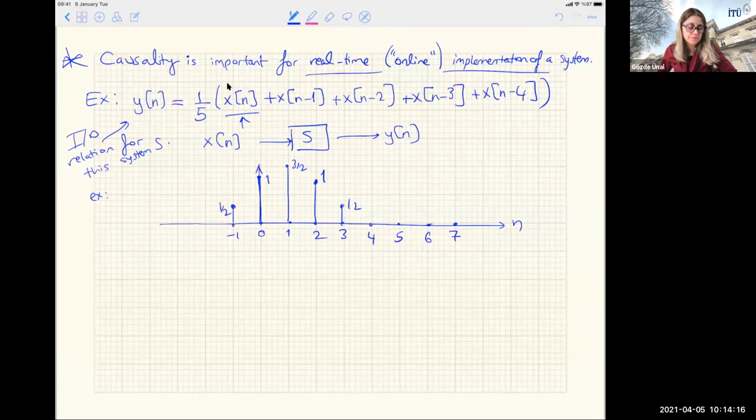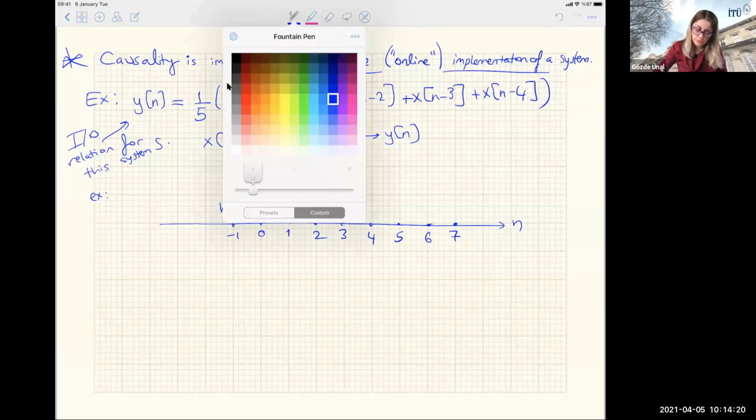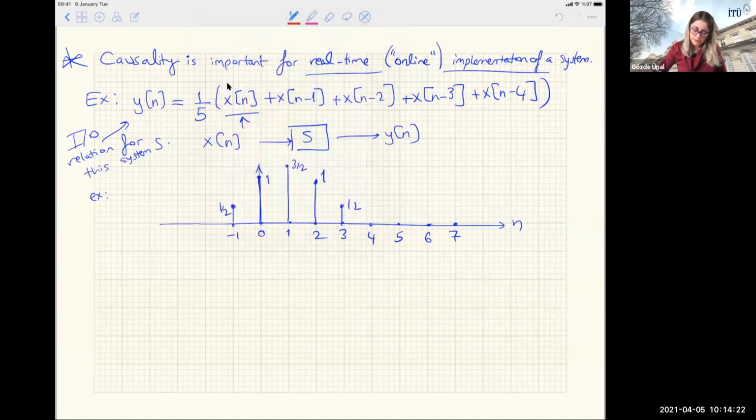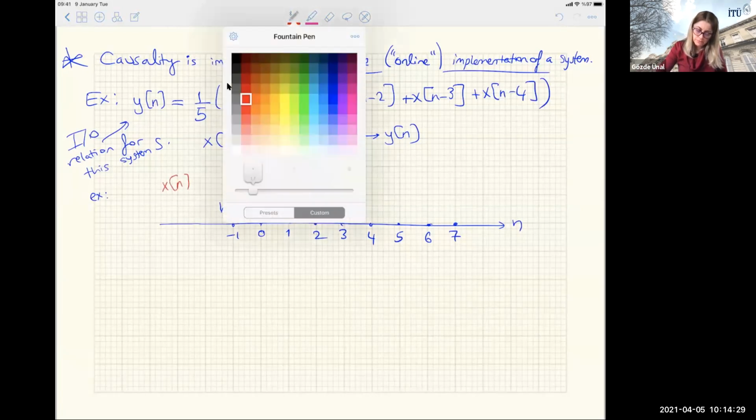Okay, that's it. So here, let's look at the output now with this 5-point averager. This is X of n, by the way. Now let's look at Y of n.